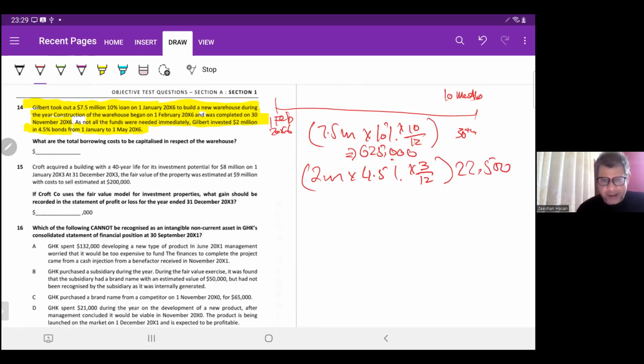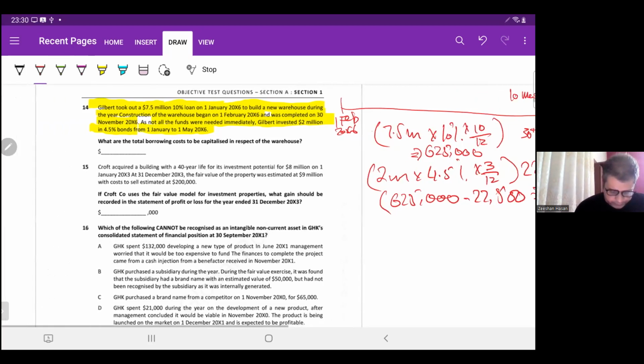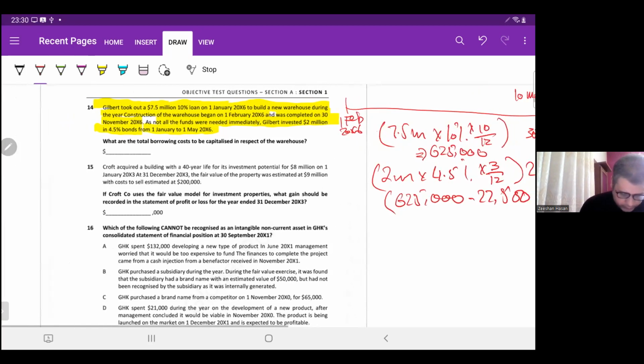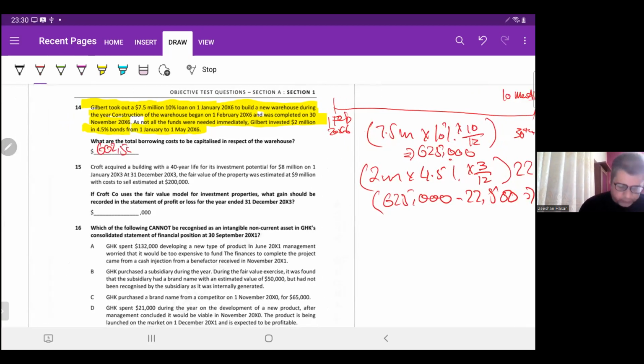Therefore, the amount to be capitalized is 625,000 minus 22,500, which is 602,500. All interest incurred and earned in January is before the construction period and therefore recorded in the statement of profit or loss. So 602,500 is the answer.